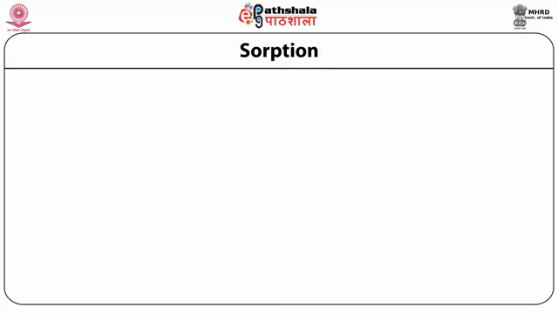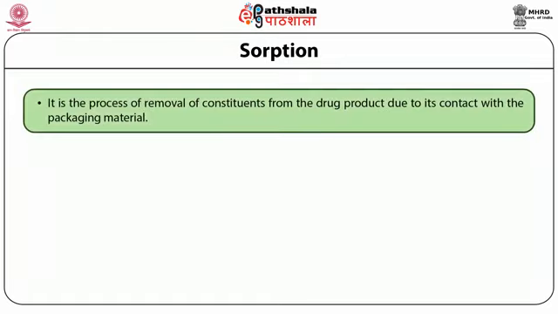The absorption is another parameter which one should take into consideration while selecting plastic as a packaging material. Absorption is the process of removal of constituents from the drug product or from the formulation due to its contact with the packaging material.